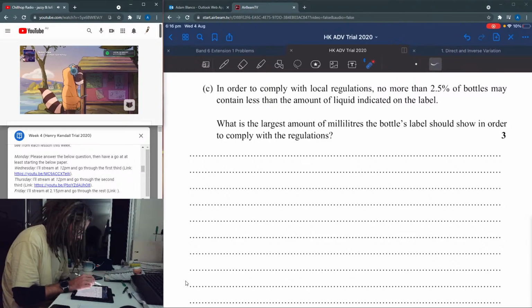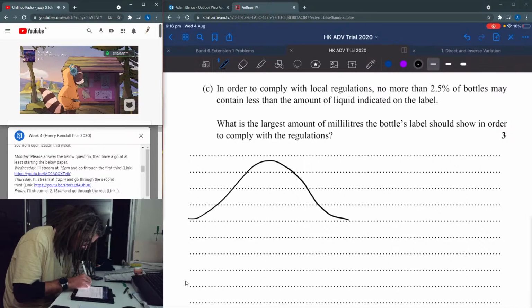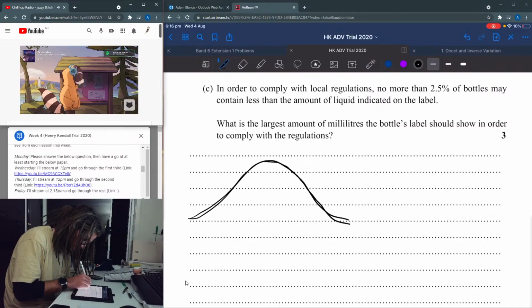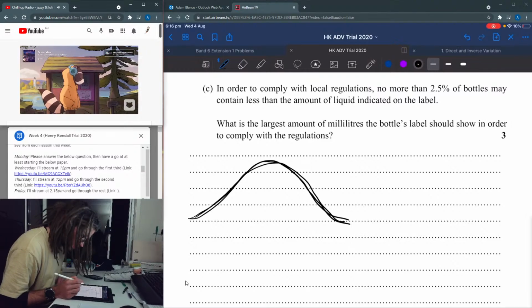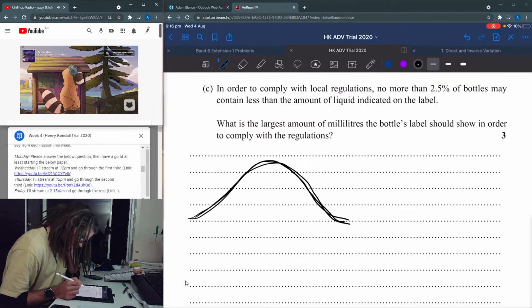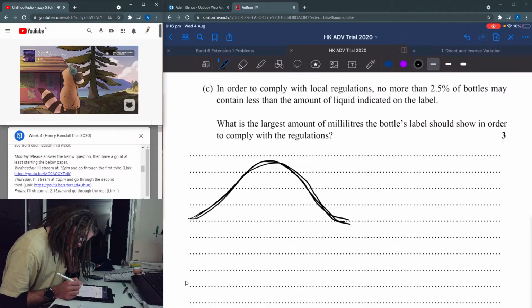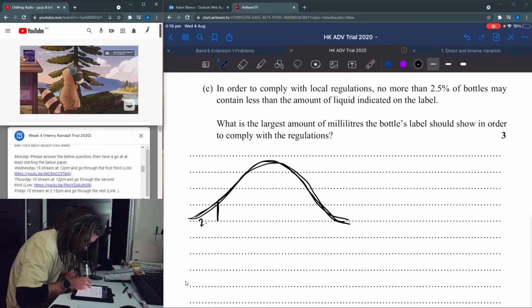Okay, so let me just draw my bell curve again. I don't know why this is 3 marks yet. No more than 2.5% bottles may contain less than the amount of liquid indicated. Okay, so what is that saying? 2.5.